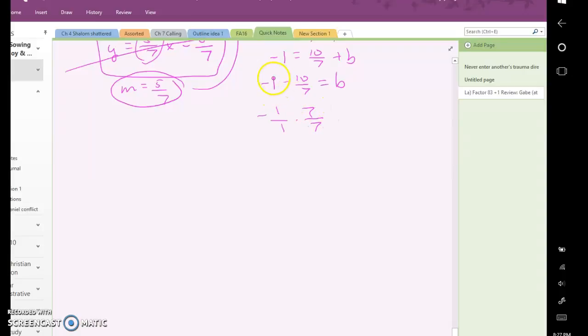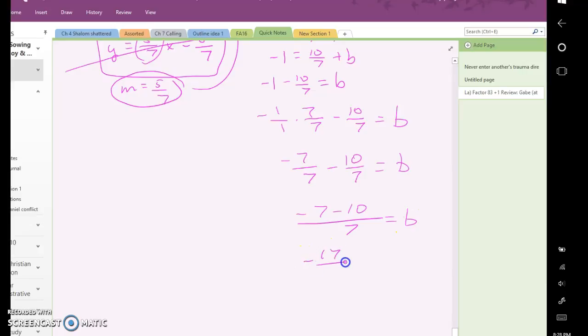So we're taking this -1 and making it a fraction and multiplying it by another one, in the form of 7/7, so that we can have the same denominator as -10/7, and then we can combine our fractions. So you see, we now have two fractions with the denominator of 7.